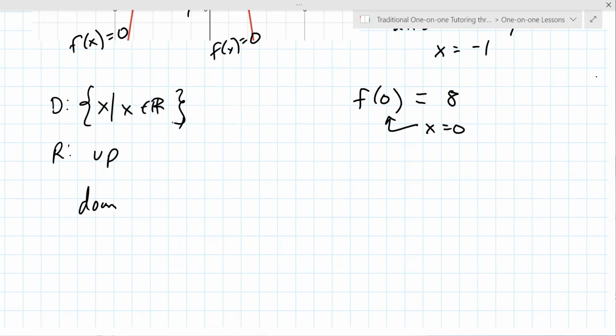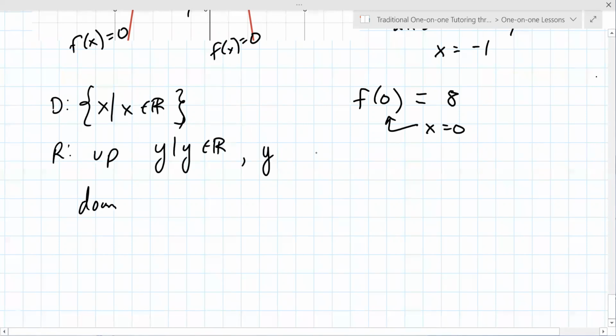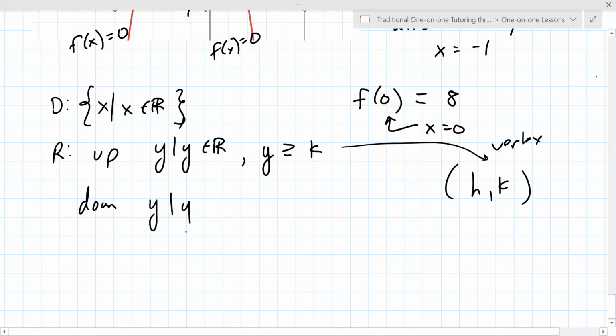And then for the y, it's y such that y is an element of the real numbers, y greater than or equal to k, where h comma k is your vertex. That's what is meant by k. Or, y such that y is an element of the real numbers, y less than or equal to k. Which one applies in this one?